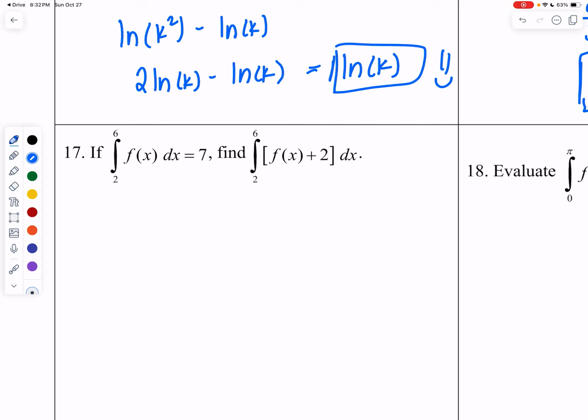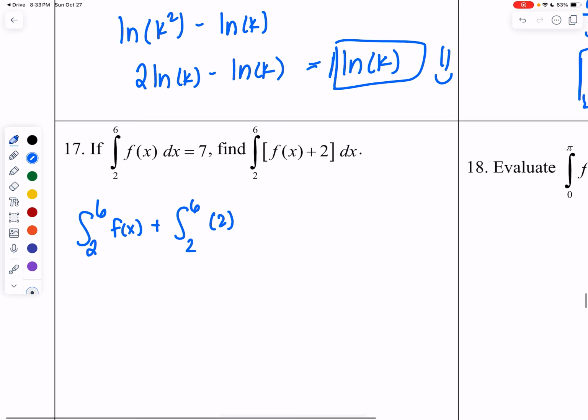Remember that using our properties of integration, we're finding the area of a rectangle with a length of 4, because from 2 to 6, that's the length of 4, and I have a height of 2. Let me put dx right here.